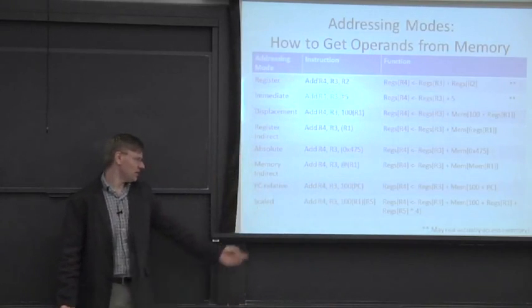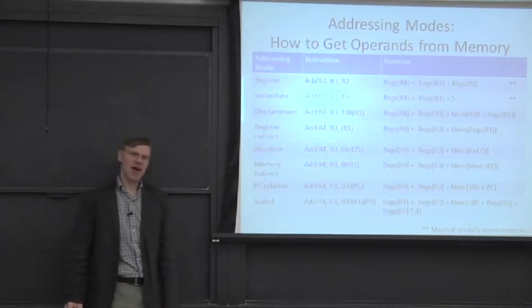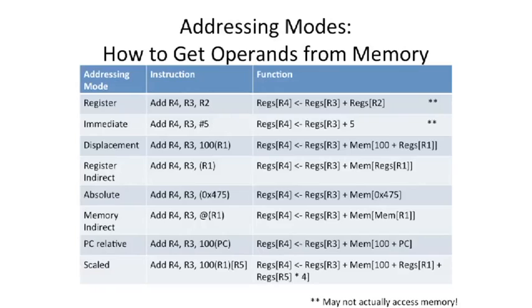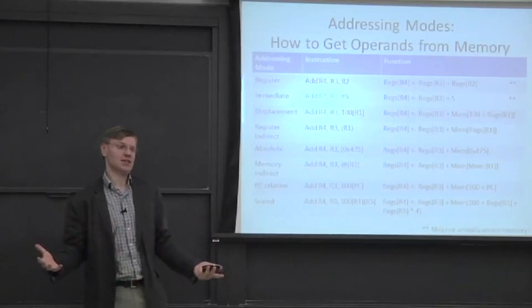You can also have scaled. This is something that x86 has, where you can actually take a register and add it to another register multiplied by something else. So in x86, this is called SIB, scaled, index, and base mode. So you can actually take a displacement, add it to some 2 registers, and multiply it. And this is very useful if you're trying to index through an array of some size.